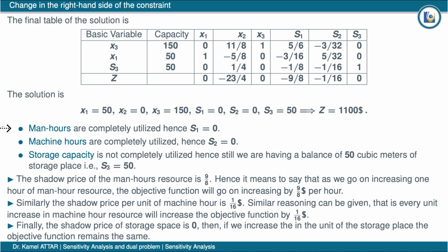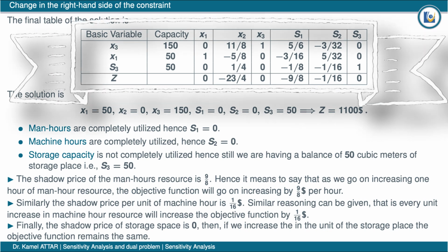Here, man-hours are completely utilized, hence, s1 equals 0 hours. Also, machine hours are completely utilized, hence, s2 equals 0 hours. But the storage capacity is not completely utilized; we still have a balance of 50 cubic meters of storage space, and so s3 equals 50.